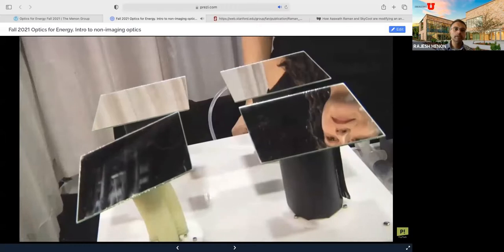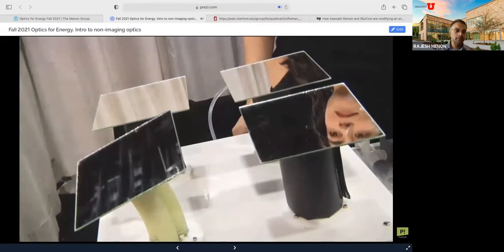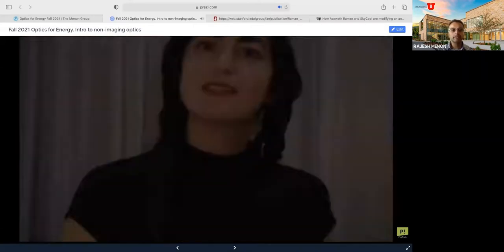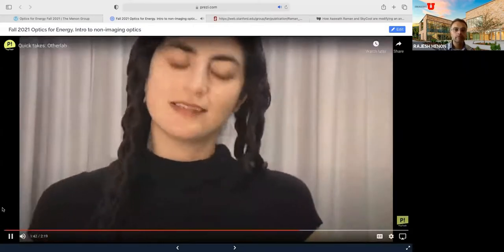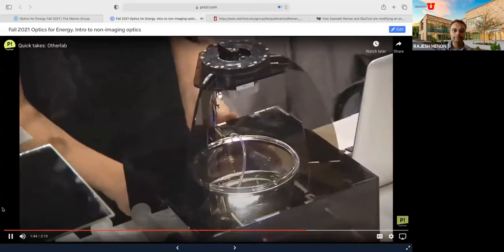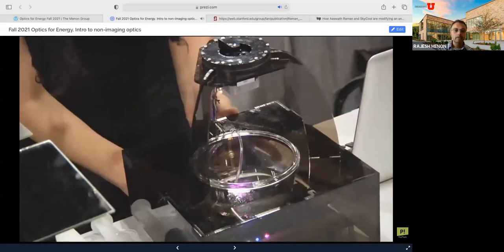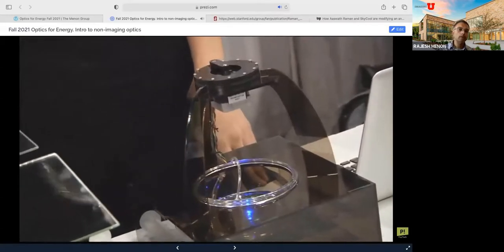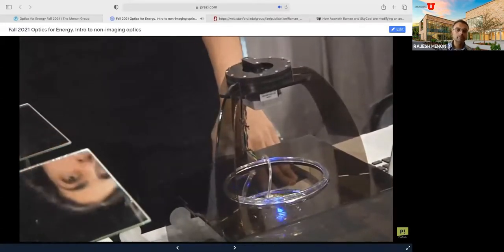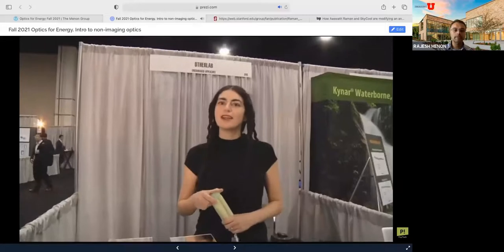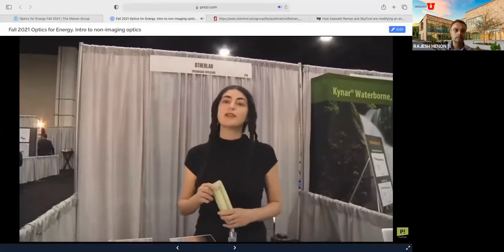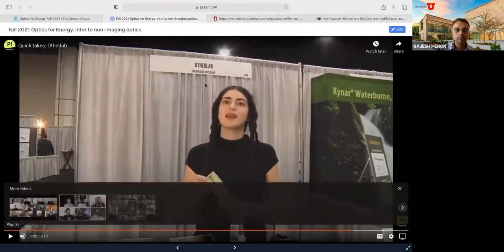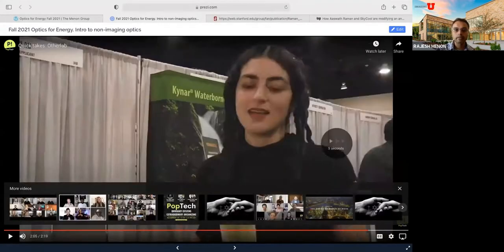This is, of course, inspired by what happens in nature with flowers, which follow the sun. They have a central control system which allows them to route the water to different parts of the tracker. And I'm going to pause that and go back.